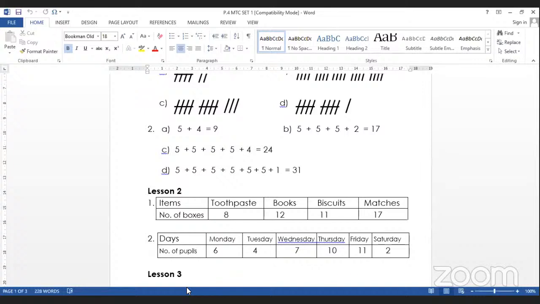Teacher, which number are we on? Teacher is muted. We cannot hear you.